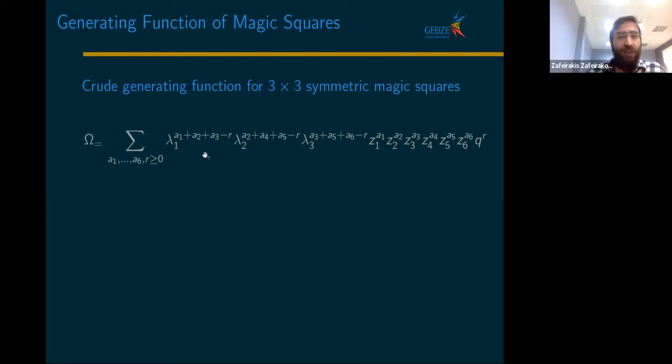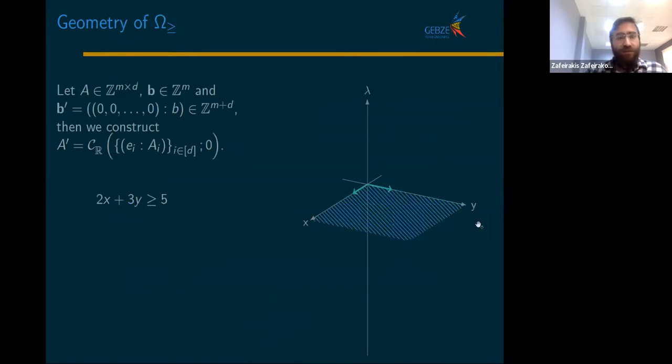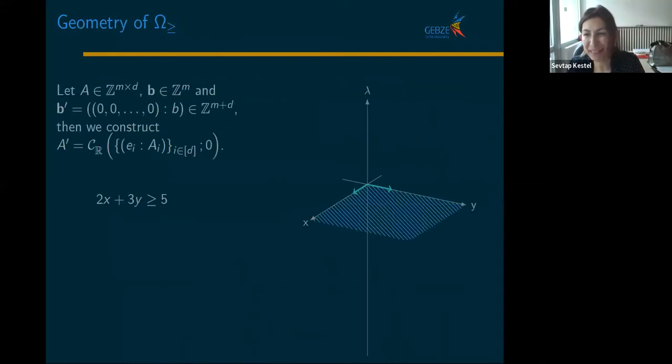So if I apply omega on this, what I get is the generating functions I showed you earlier, right? This is how I computed them. So, okay. Are there no questions until here? No, thank you. Not from me.